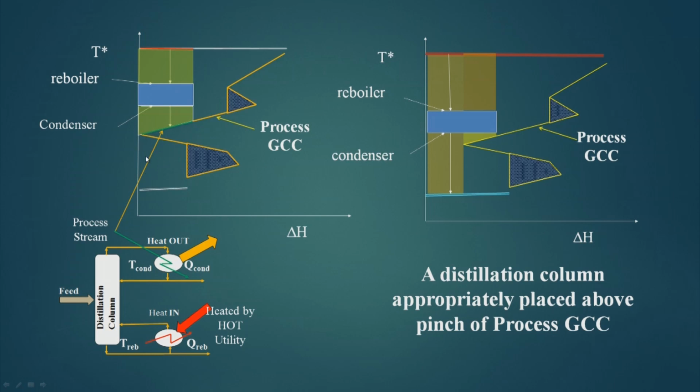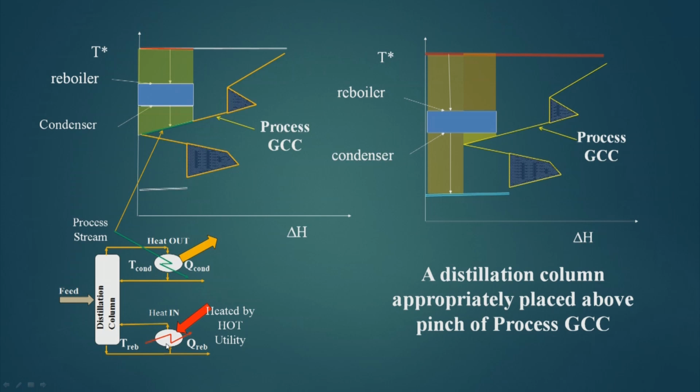Now, how will this physically look? The process streams here will go through the condenser to pick up the heat, and the hot utility which is being used here will be used in the reboiler.